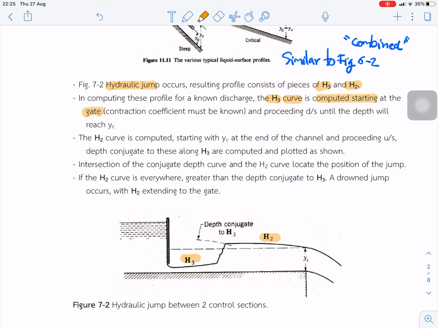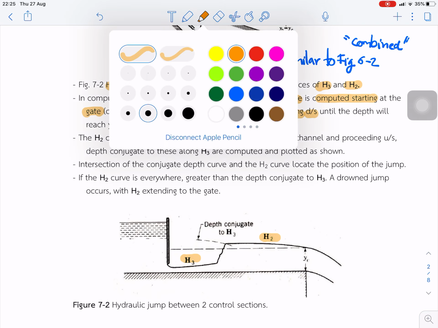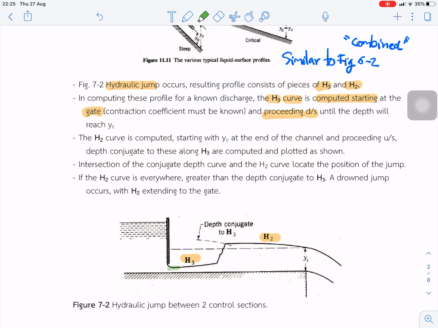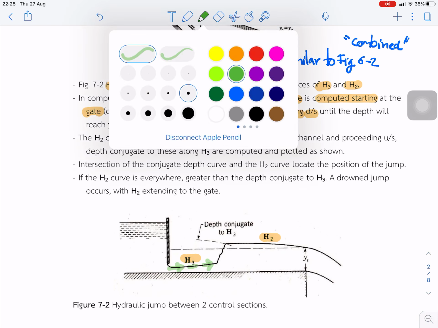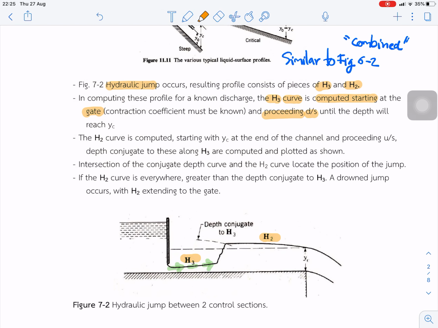The contraction coefficient must be known, and we proceed downstream, in the direction of the flow, until the depth reaches YC. So we can calculate like this.